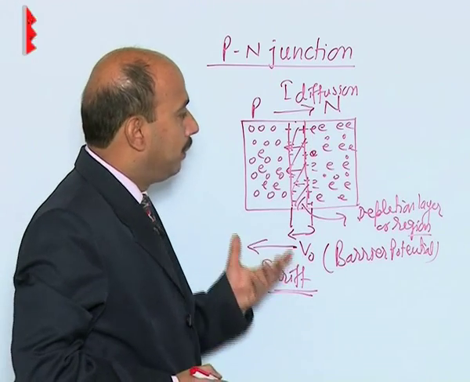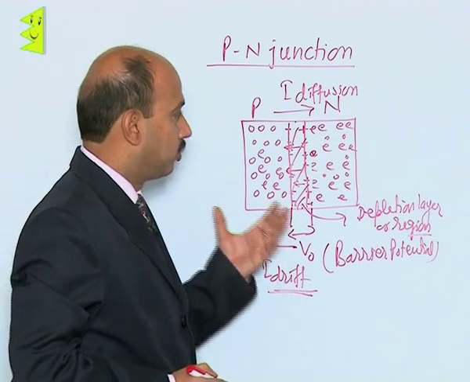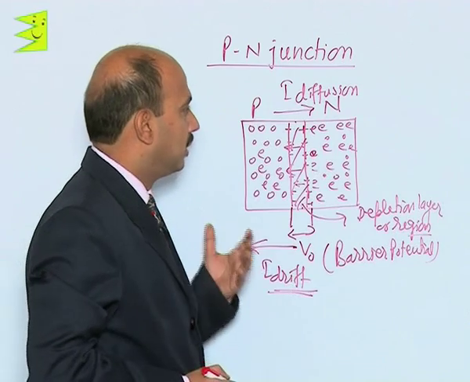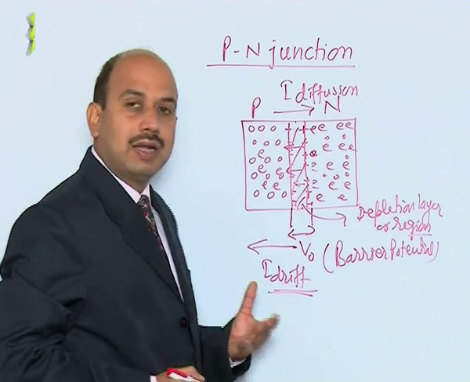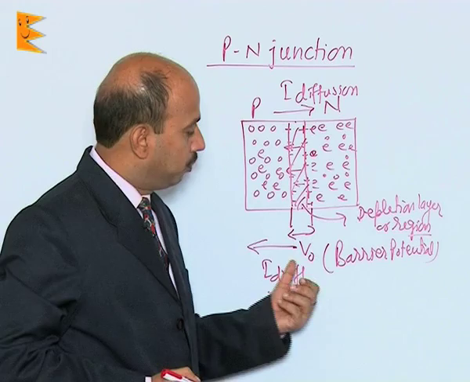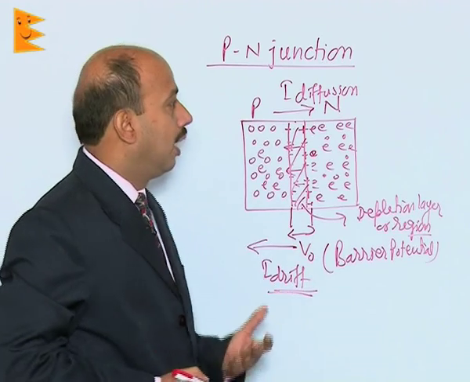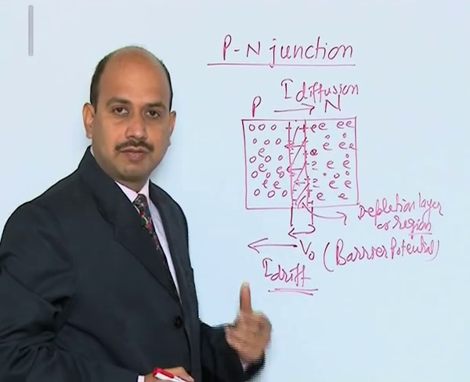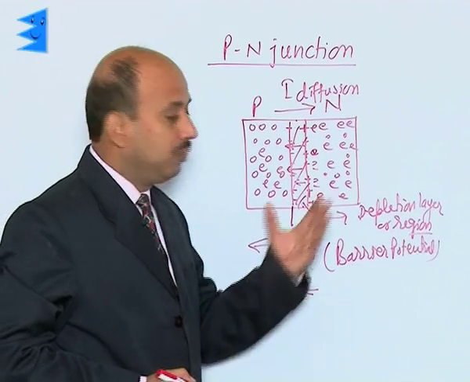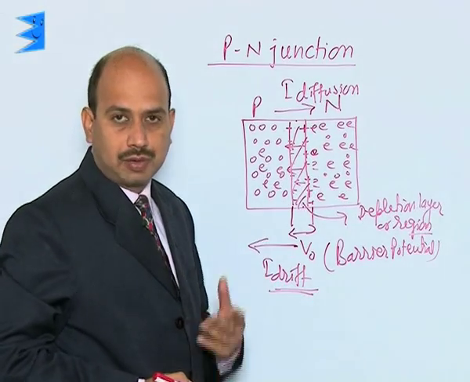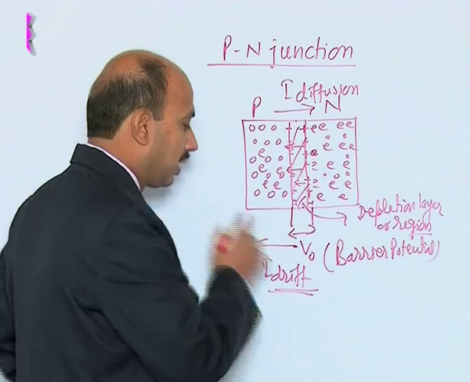So in the p-n junction diode we have seen the formation of the depletion region, the formation of an imaginary battery at the junction whose potential is known as the barrier potential, and also the diffusion current and drift current. In equilibrium, the diffusion current is equal to the drift current. We can show this by a graph also.